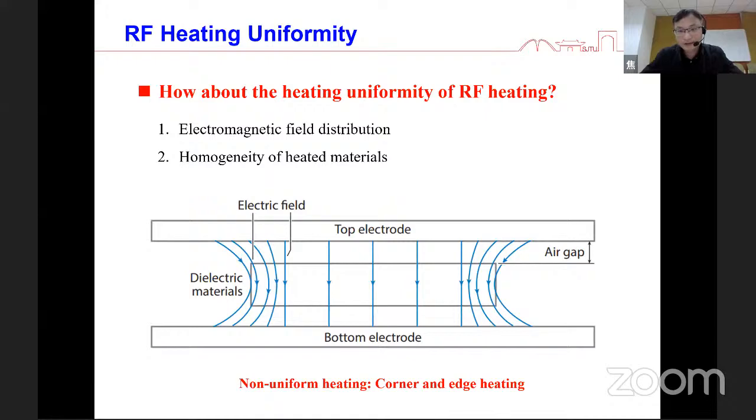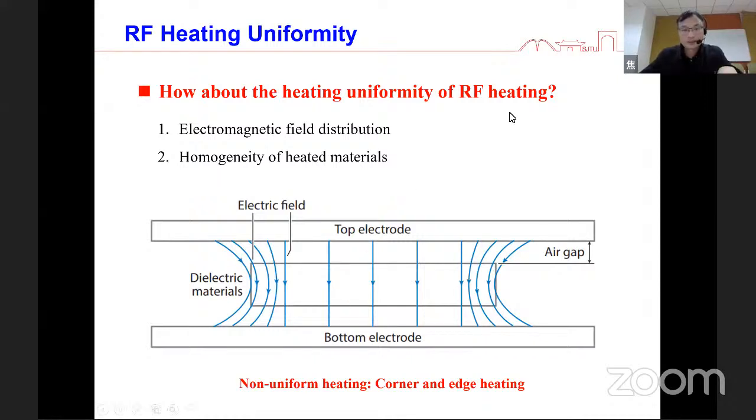Generally, we can talk about this from two sides. The first one is electromagnetic field distribution, and the second one is the homogeneity of the heated materials, right? If those two parts have no problem, then RF heating can have very uniform heat, but unfortunately not.